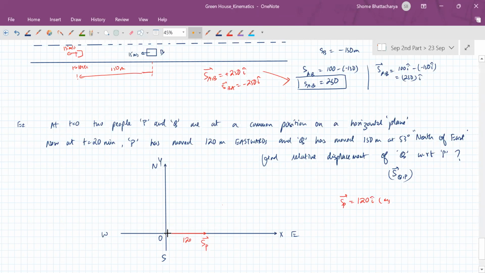Now you'll see Q's displacement is something like this. It is 150 meters at 53 degrees. So S of Q will become 150 cos 53 i cap plus 150 sin 53 j cap.